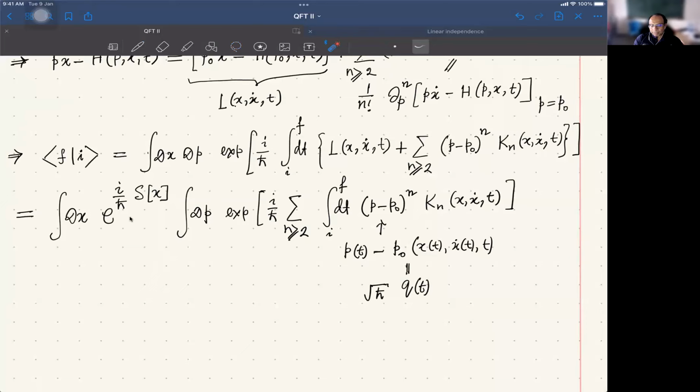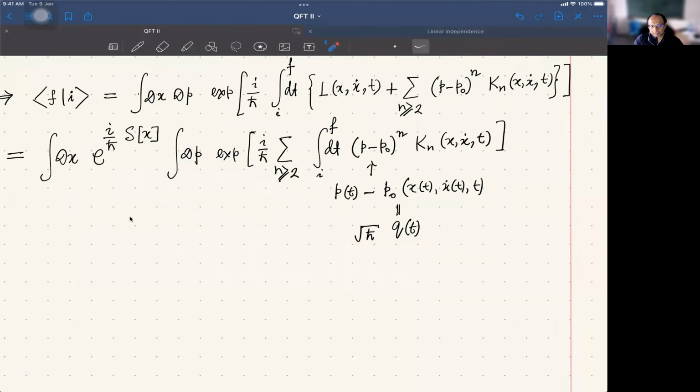So here you can always define q of t with root h bar. It's just a definition. You don't have to give a justification. But what such a scaling facilitates is the following: it leads to an expansion in powers of h bar, and that expansion is reliable when h bar is small. That is what you are doing, a perturbative expansion in h bar.